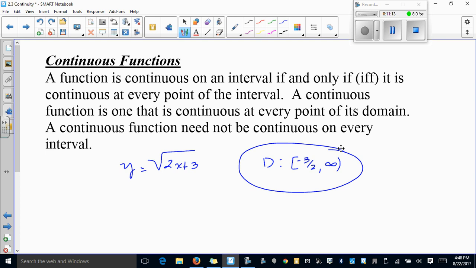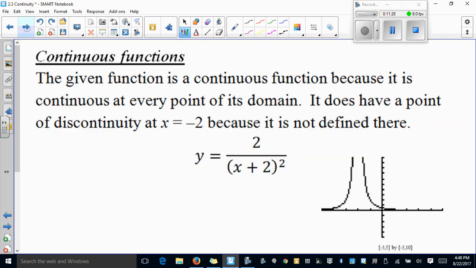So when they say continuous function, you find the interval, basically you're identifying its domain, and anything else is going to be where it's not continuous, obviously, but it's because they're not part of the domain. So this one here, the given function is a continuous function because it is continuous at every point of its domain. It does, however, have a point of discontinuity at x equals -2 because it's simply not defined at -2.